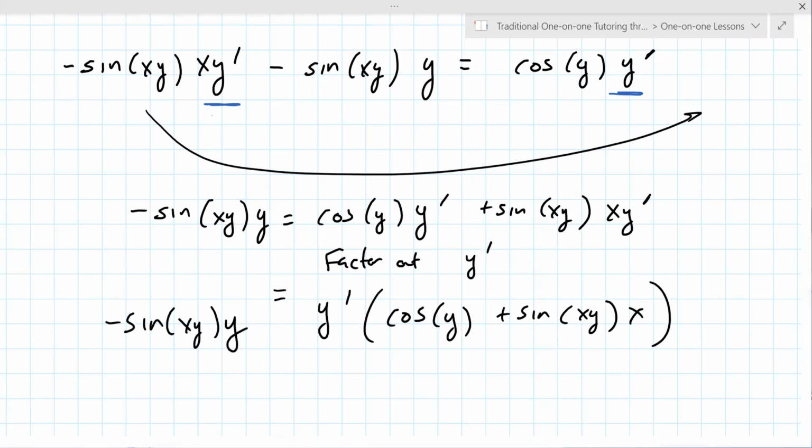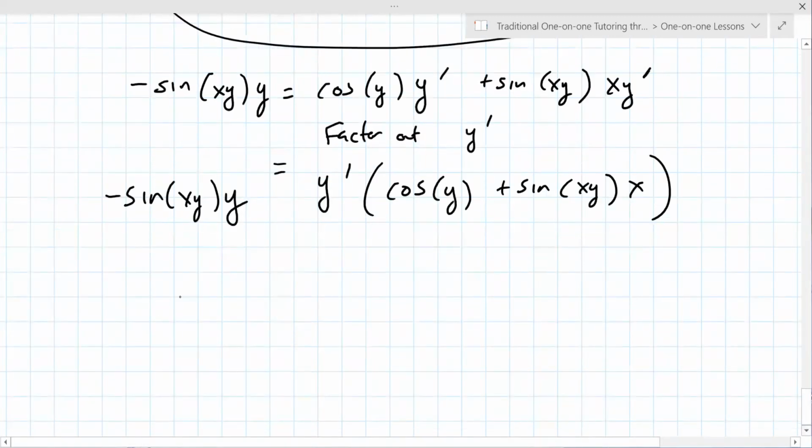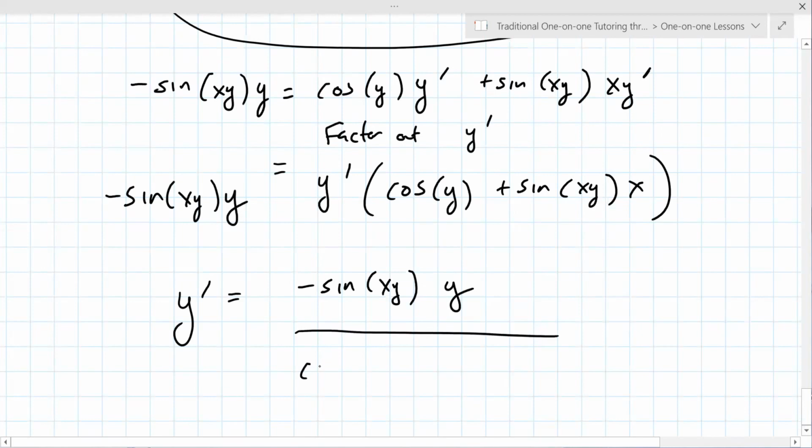Okay, and then you divide. So I'm going to switch sides here. So y prime equals, but this is in the numerator, negative sine xy y over cosine y plus sine xy x. Your instructor does not expect you to simplify these, but they do expect you to get y prime by itself.